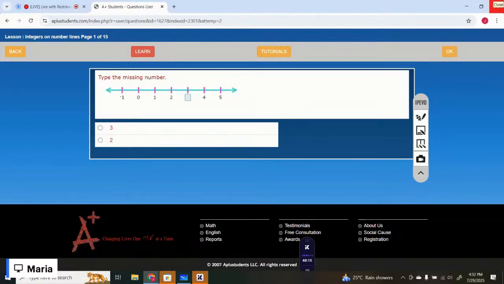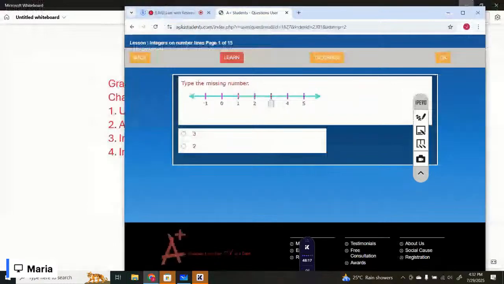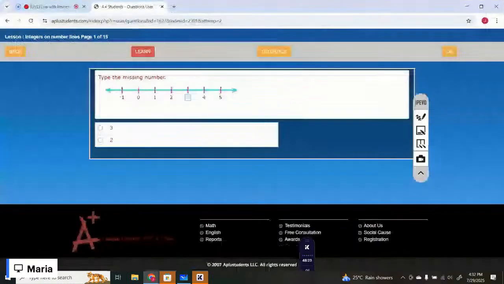Type the missing number. The correct option is option number 1, 3 it is.